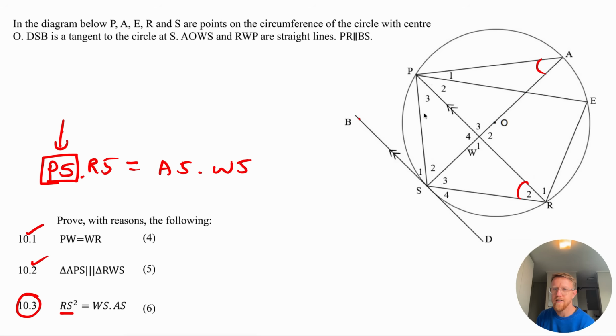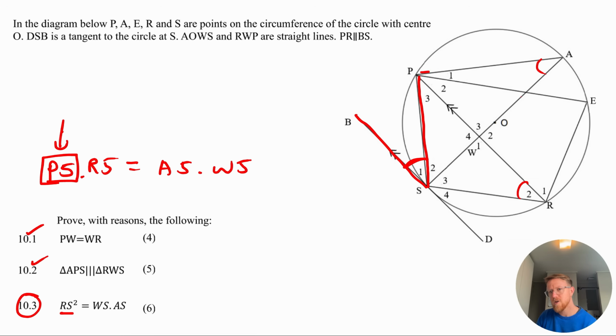Okay, I've done it. That was actually a really easy question. So if you look at this line here and this tangent and the angle between here, you could use tan chord theorem. Now if you use tan chord theorem with this chord, you could go there, you could go there, which just tells us that this angle and this angle are the same.